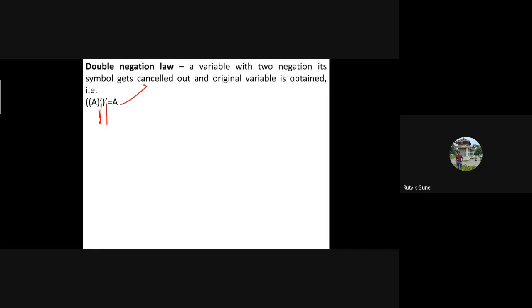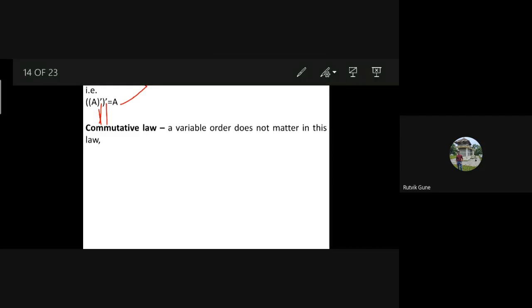Right, the next law is your commutative law. The commutative law says variable order does not matter.